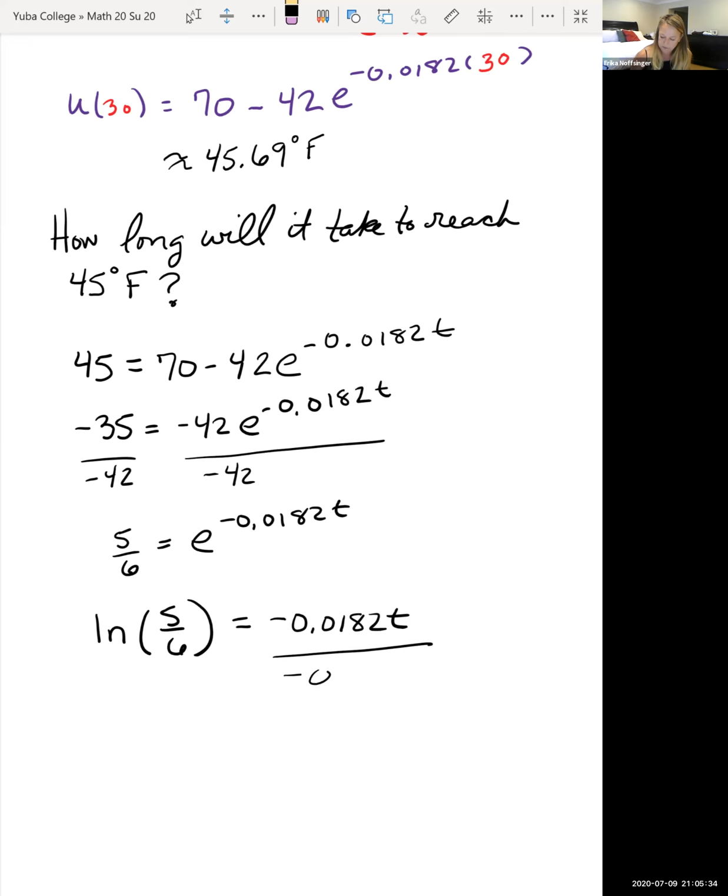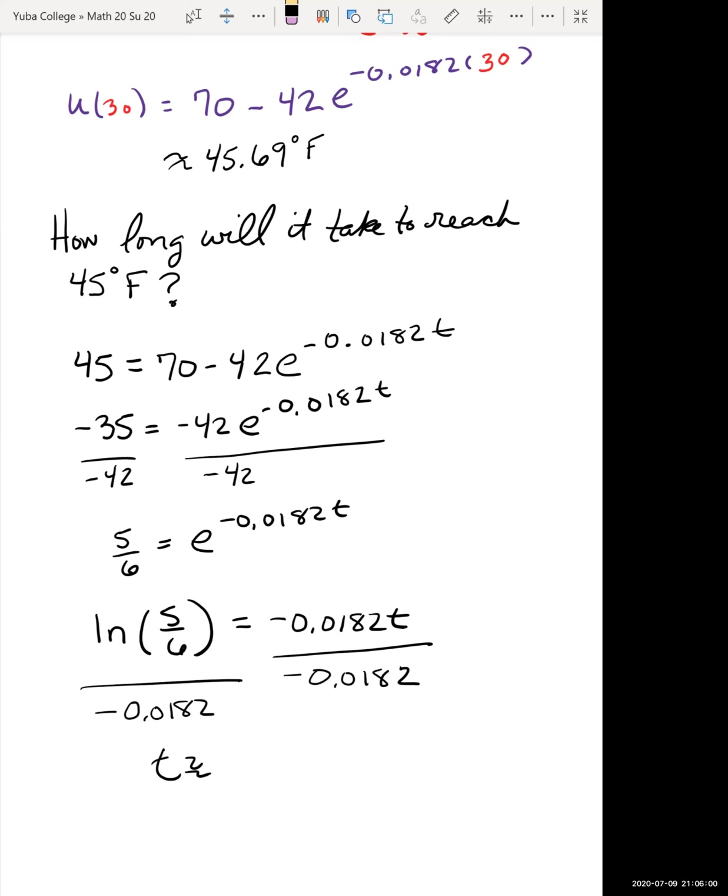Divide by that coefficient. So natural log 5 divided by 6, all divided by negative 0.0182. Something's wrong.